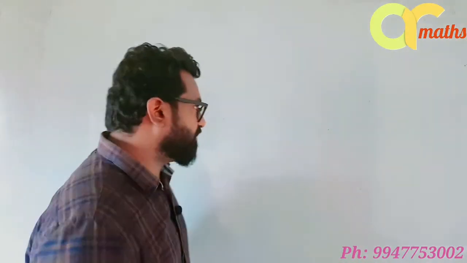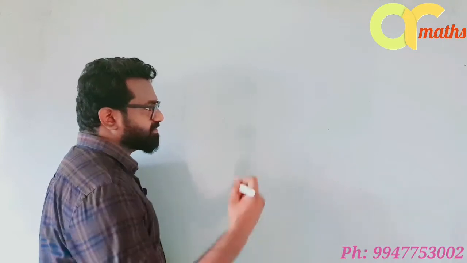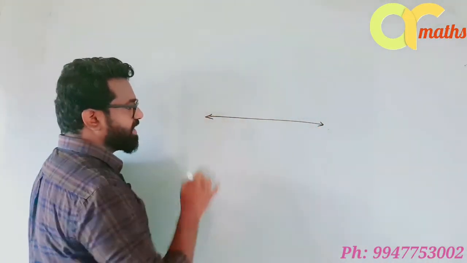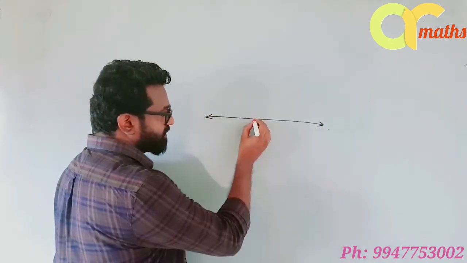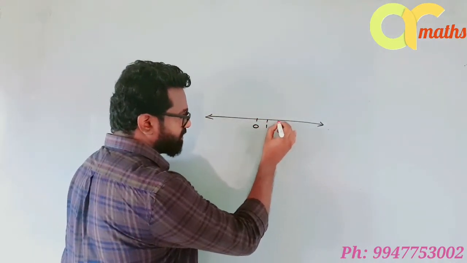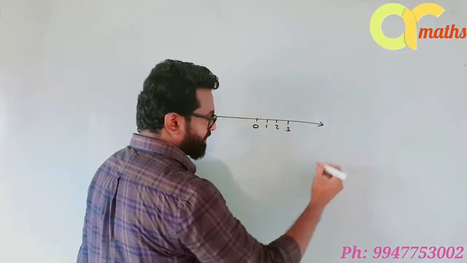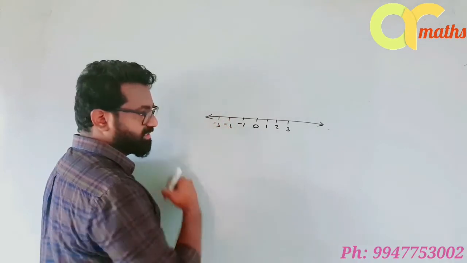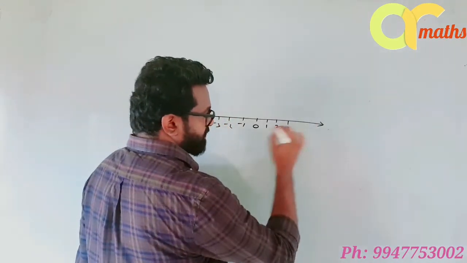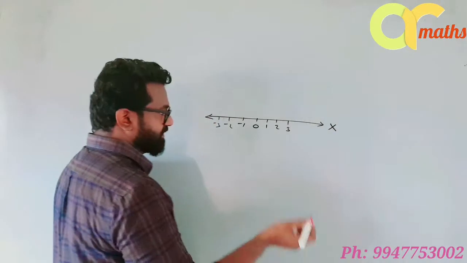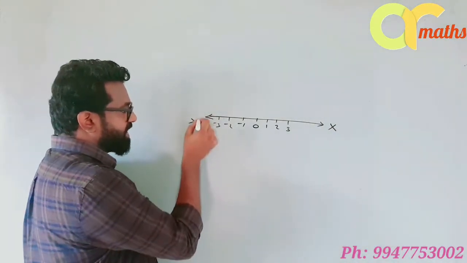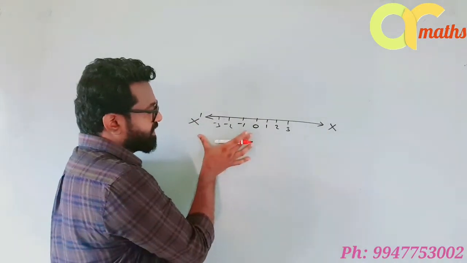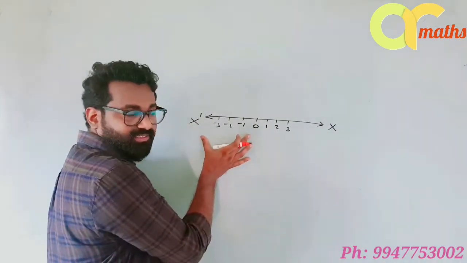So, first of all, what is my x axis? A horizontal line is known as x axis. Here 0, 1, 2, 3, etc. Here -1, -2, -3, etc. The positive side is known as OX and the negative side is known as OX dash.